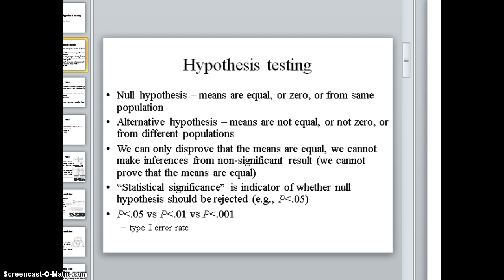A test that is statistically significant is said to be reliable. And if it's reliable and statistically significant, that's evidence for the alternative rather than the null hypothesis. The null hypothesis is that the two groups you are sampling from are from the same population, that they have similar means, and that the difference between the means is 0.